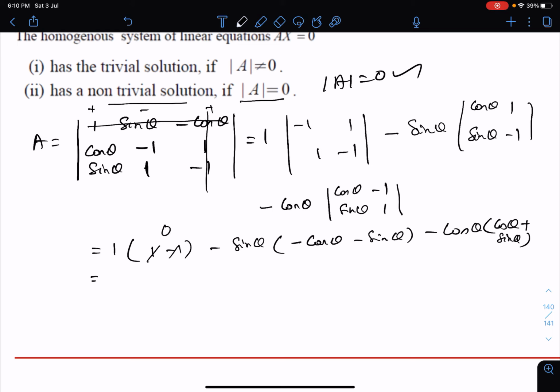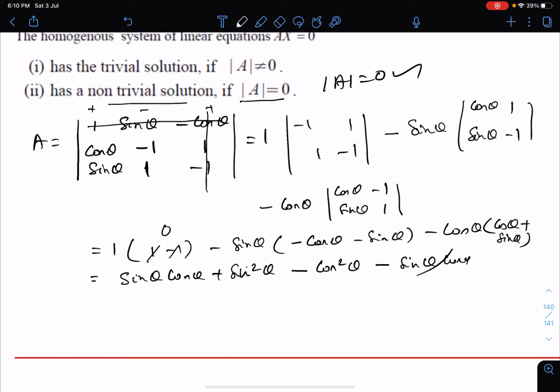This is going to be sin theta cos theta plus sin square theta minus cos square theta minus sin theta cos theta. So these two get cancelled and you are going to get sin square theta minus cos square theta equal to 0, isn't it? So here you have to mention equal to 0. Here also our determinant A equal to 0. Therefore this is equal to 0.